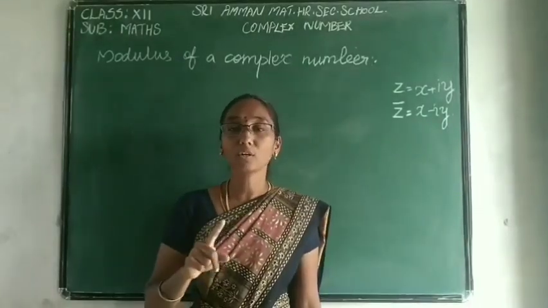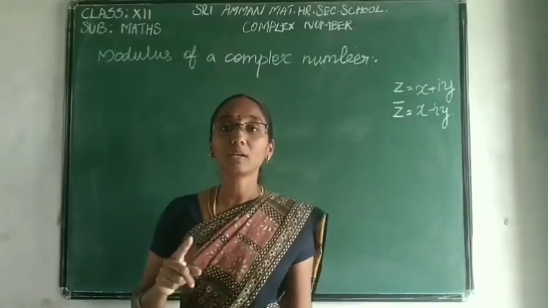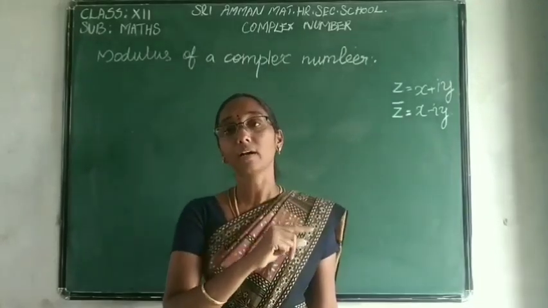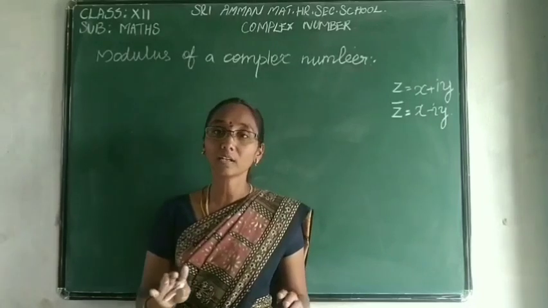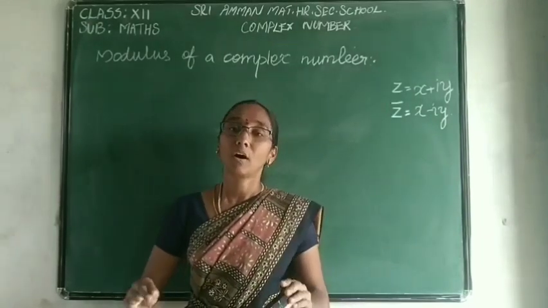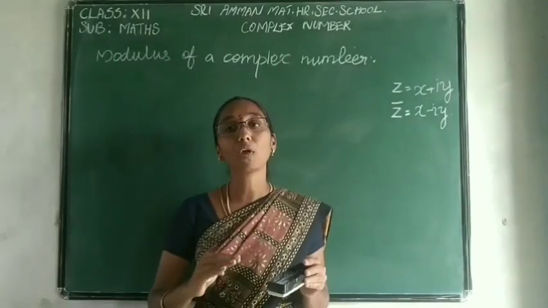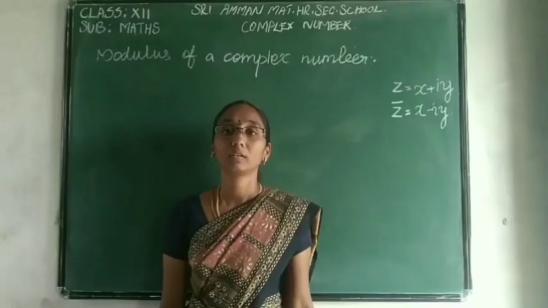You know from the lower classes that real numbers include positive, negative, zero, rational numbers, all the numbers. What is the meaning of the absolute value of a real number? Do you know?